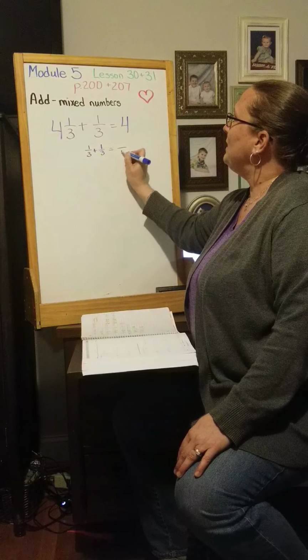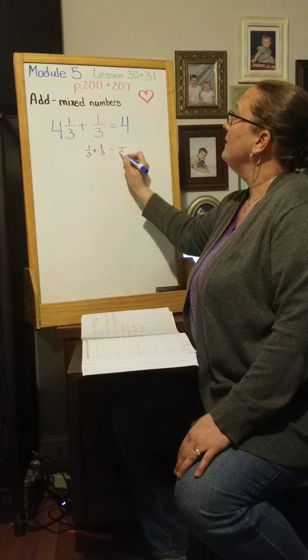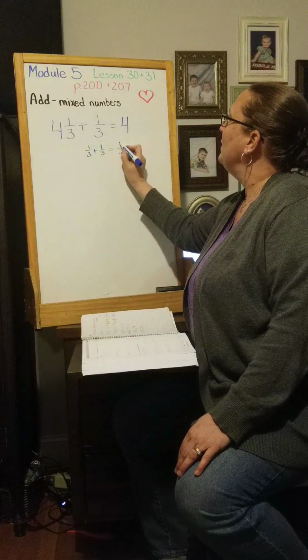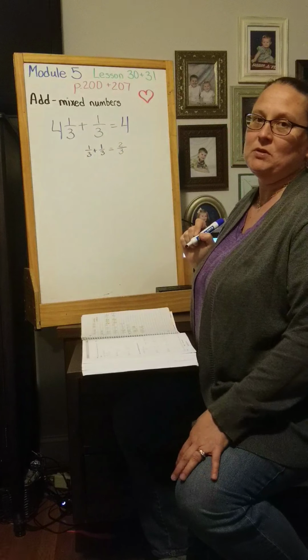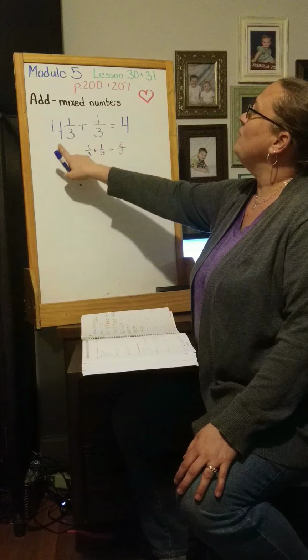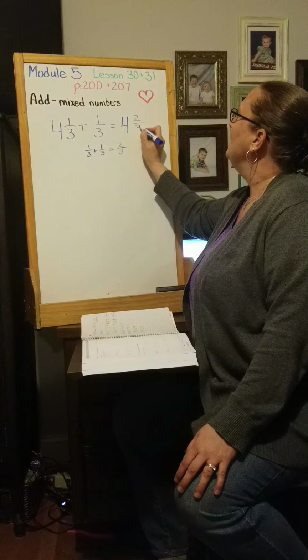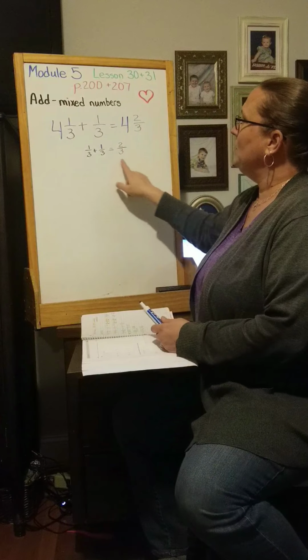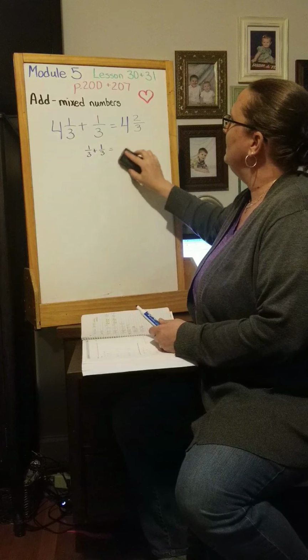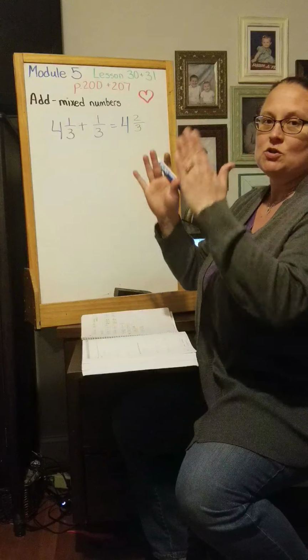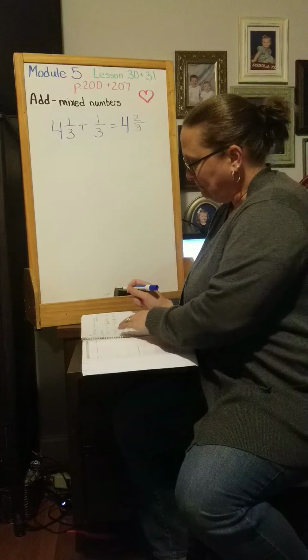Remember, our denominator stays the same. You add up your numerators, 1 plus 1, we have 2/3. 1/3 plus 1/3 is 2/3. So we have 4 wholes and 2/3. Again, if you don't need to write it, you don't have to. But that's just a little trick that helps you sort it if you need to, okay?